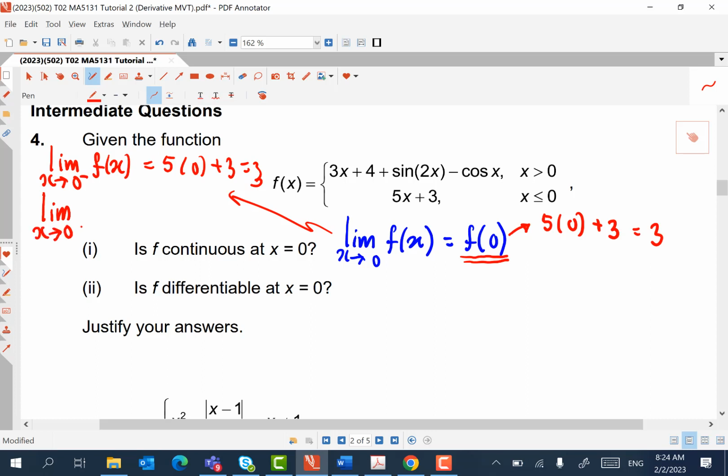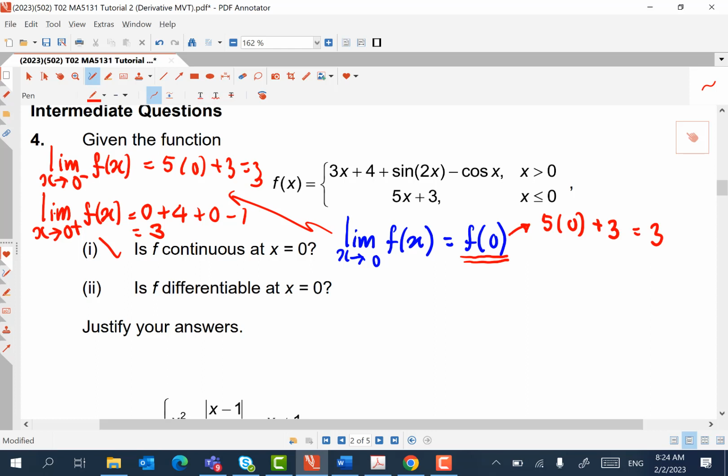Of course, the class will organize the working nicely. 0 plus 4 plus 0 minus 1 is again 3. Therefore, this is true. That it is indeed continuous at x equals 0.